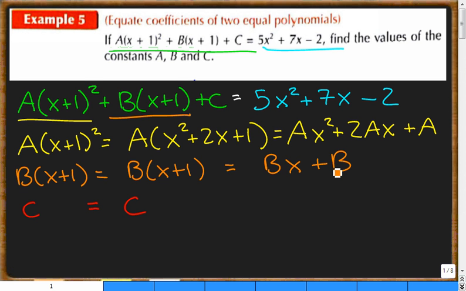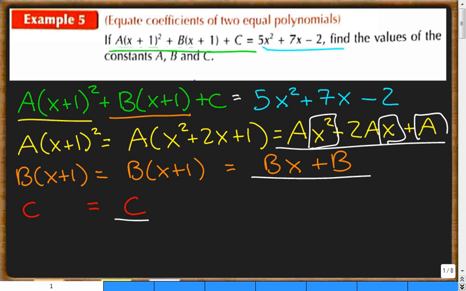And obviously the one with c, we don't need to worry about that. If we put all these three together, we want to put them together with the like degreed items. We have an x squared, we have an x, we have a constant. All three of those need to go to different places.